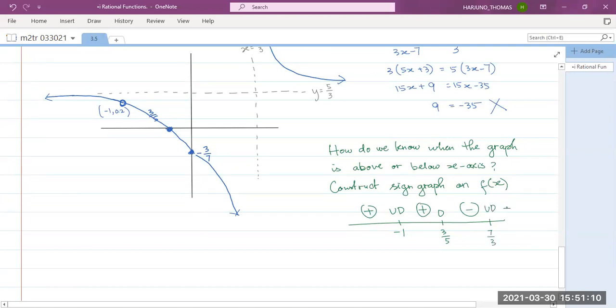This is plus, like that. That will be the sine graph. Now, to see if it is above or below the x-axis, you do that against the original function. Is it negative 3/5? You're right, I happened to erase the negative.